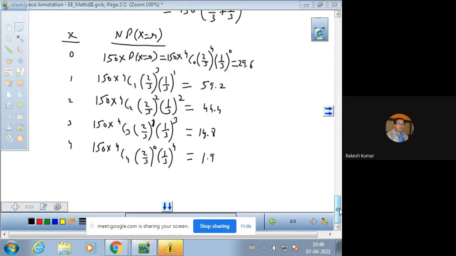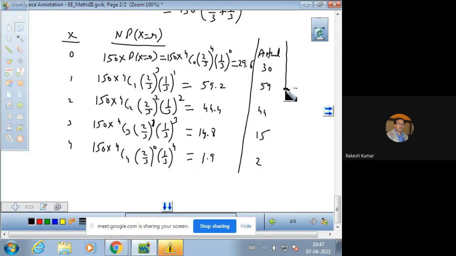Now, what is this? These are the calculated frequencies. You will have to take the values, and 29.6 can be approximated or rounded as 30. This is 59, and this is 44. This is 15, and this comes out to be 2.